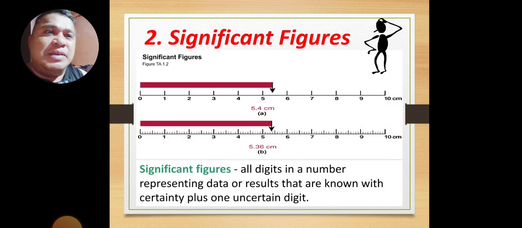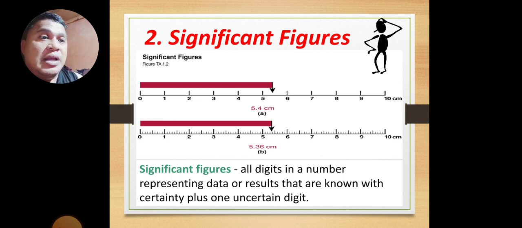Upon measurement, you have to measure using the value, and of course with its corresponding unit. Please include the unit. In the illustration, the measured value is 5.4 and the unit is centimeter, using the ruler. And the second, letter B, is 5.36 centimeters.